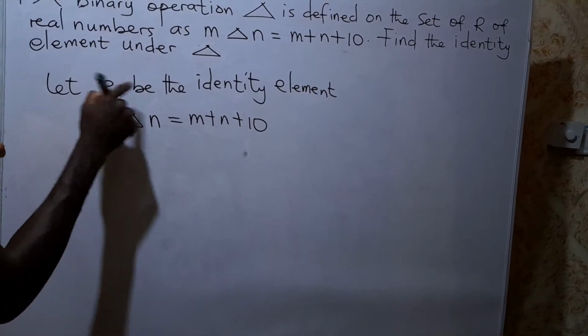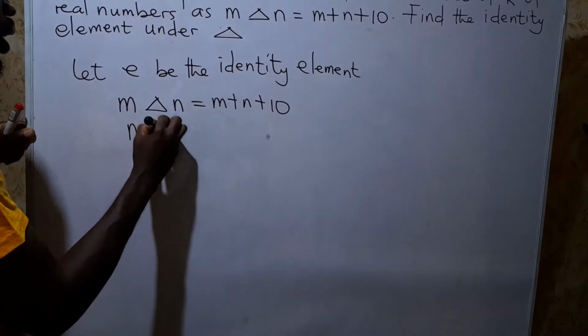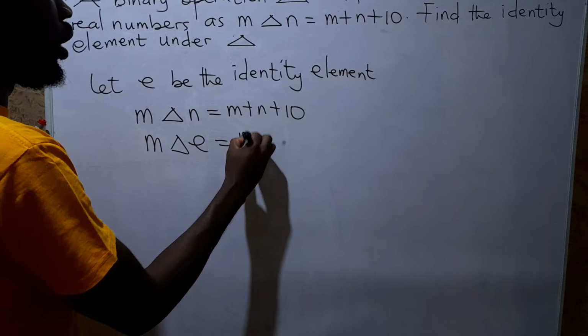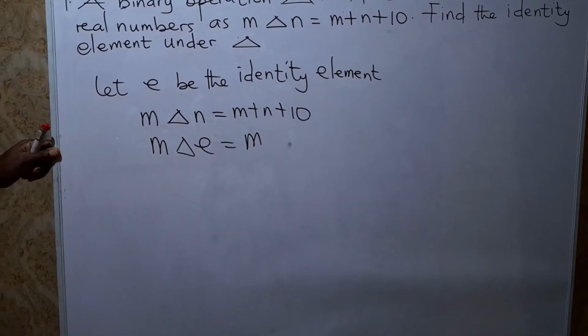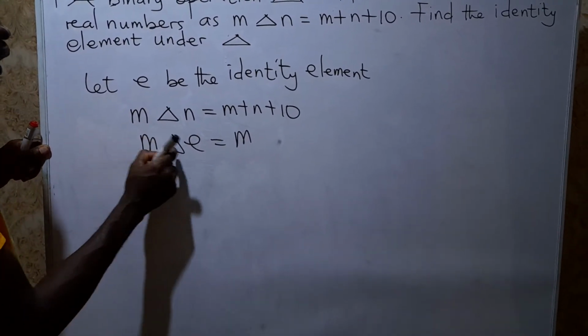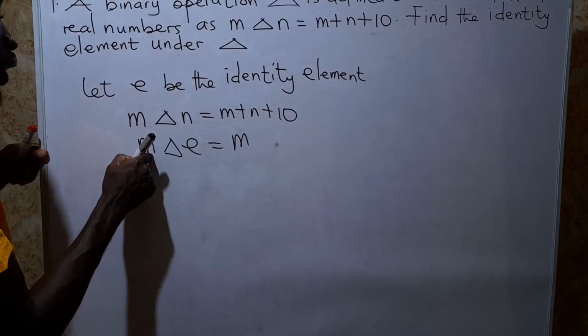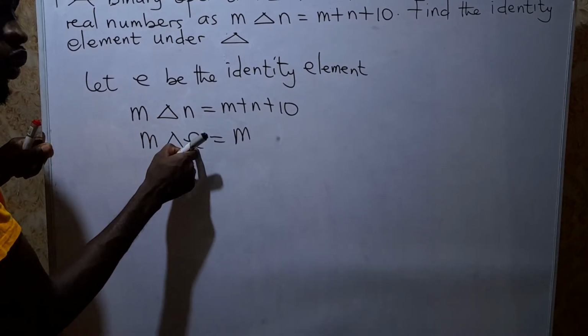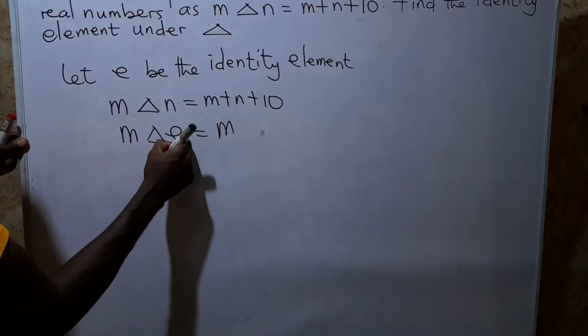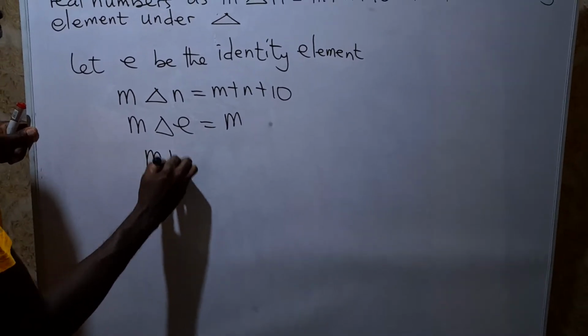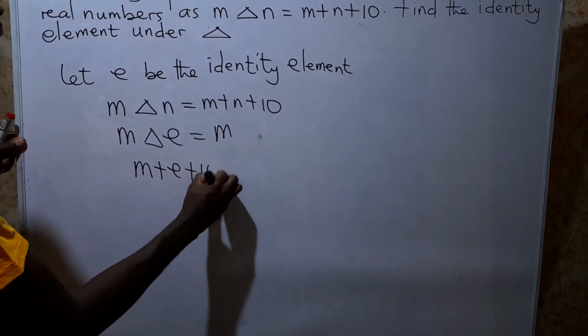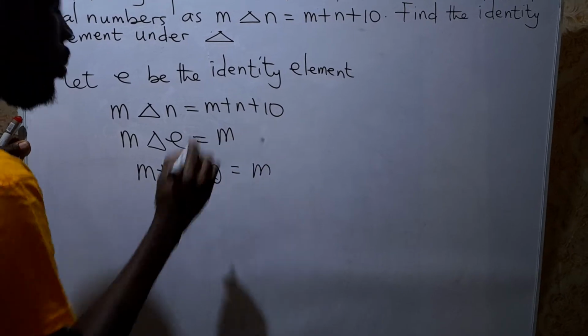And if E is the identity element, m delta E will give us m. So how do we solve that? When we want to find m delta E, any place we see n, we substitute the E. So m delta E will be m plus E plus 10, and it will be equal to m.